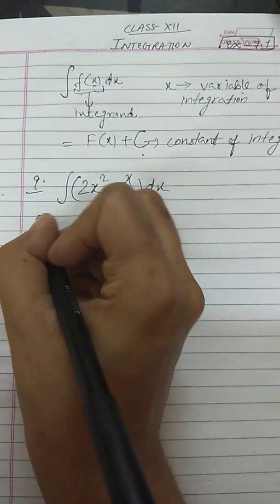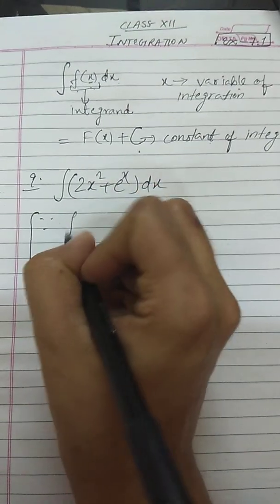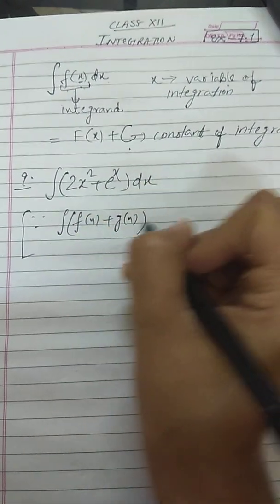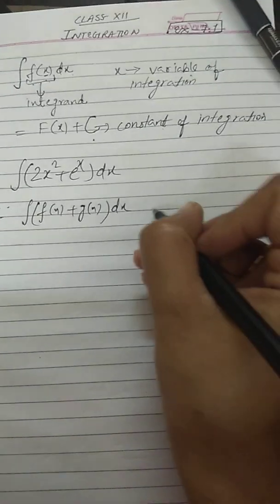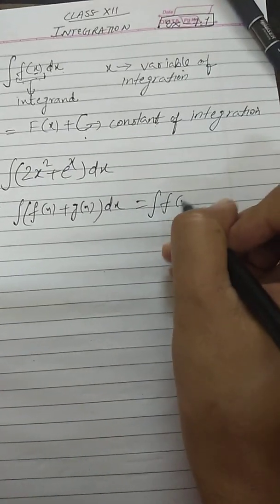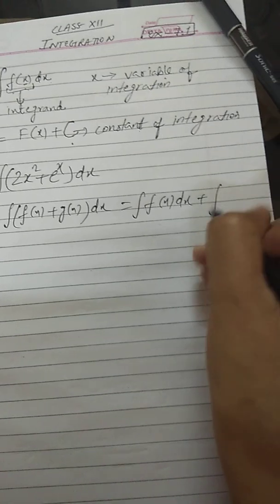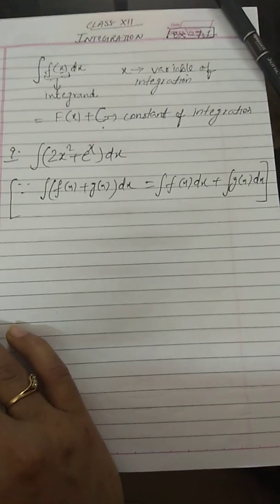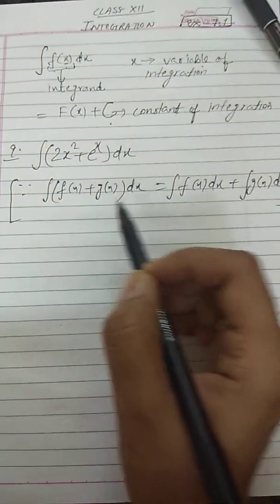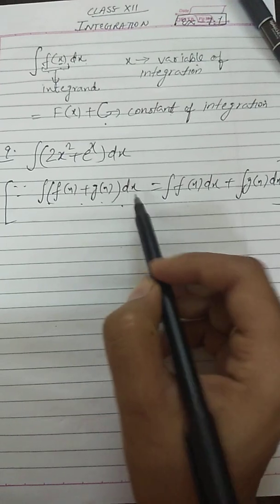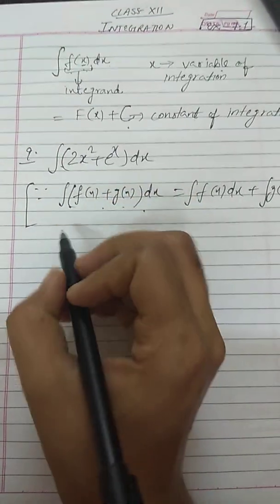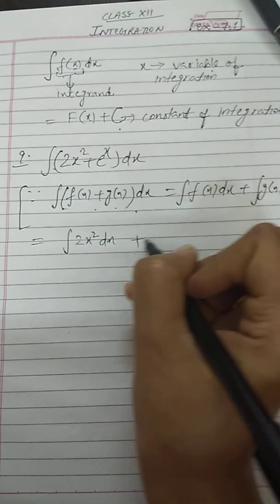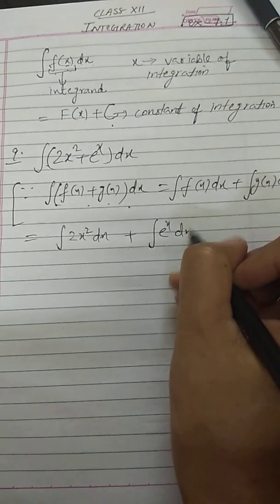As I have told, whenever we have the integral of f(x) plus g(x), a sum of functions within the integral, we can separate the integral for the individual functions, whether it is addition or subtraction, just as we can separate differentiation. So this will be written as integral of 2x square dx plus integral of e raised to power x dx.